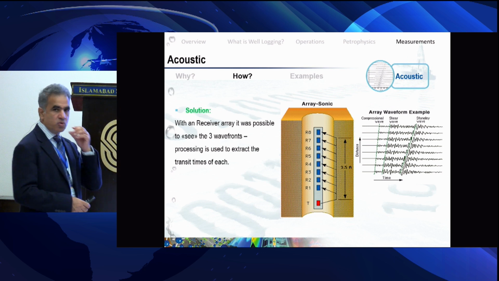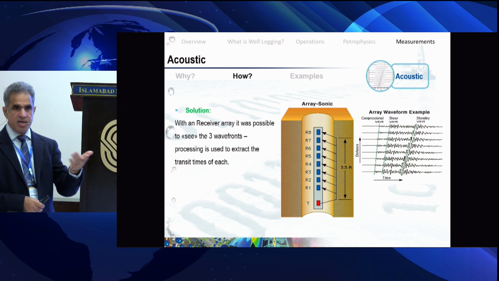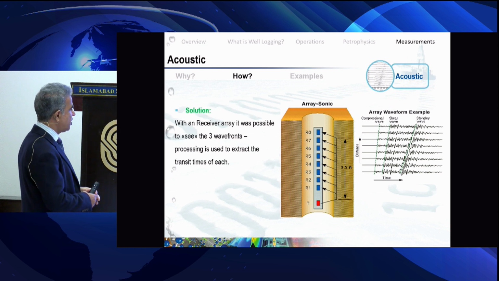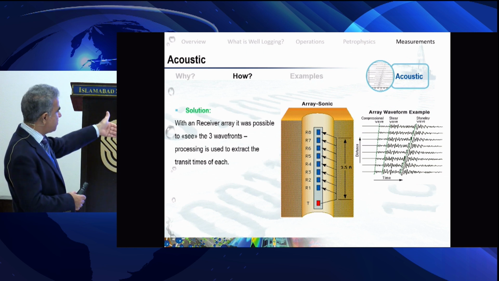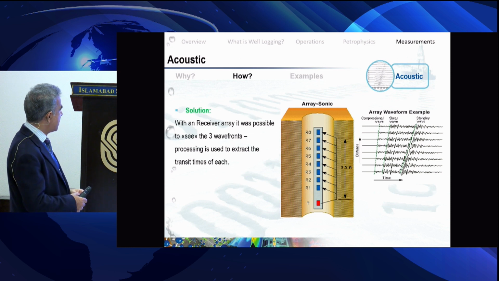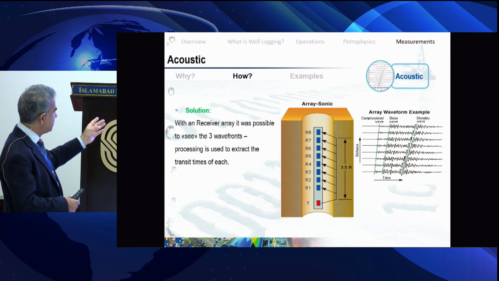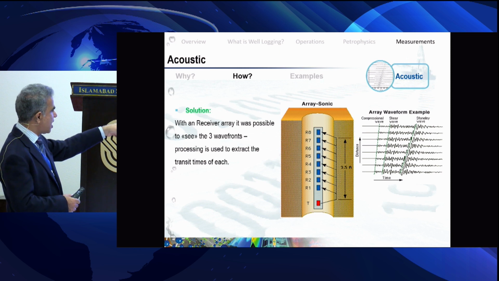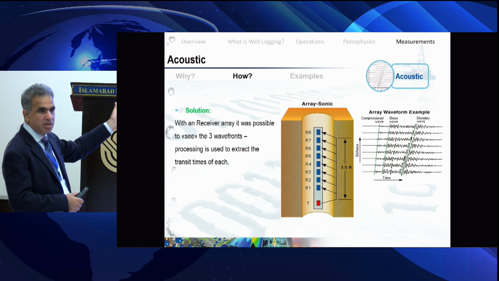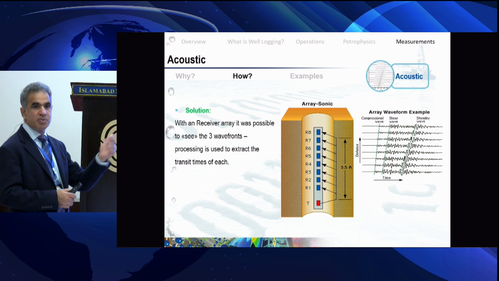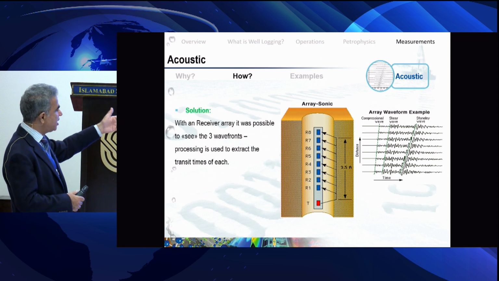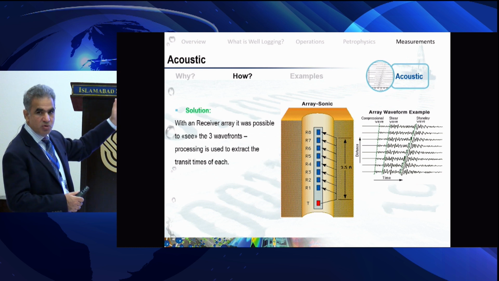In sonic, we have different tools, of course: basic, simple, and advanced. In this array sonic tool, you see that instead of 1 or 2 receivers, we have multiple receivers, with the transmitter at the bottom, and the different wavefronts reach all those receivers. Some are close to the transmitter, some are away, because we are interested in deeper information, and with that combination we want to see the time delay from early arrival to late arrival.